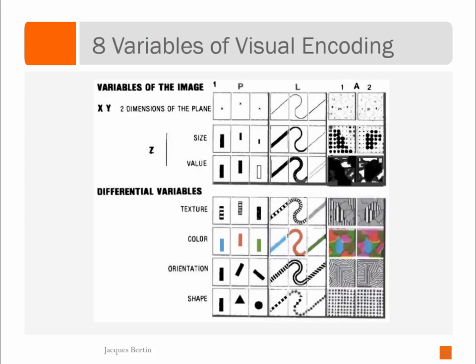Now let's take a look at the last variable, shape, for the type line. In the first cell, the shapes I might be utilizing are squares. I have a whole set of squares, and that's the type of encoding I'm doing, and those squares create a line. When I move to the center cell, you can see there's a whole bunch of different shapes. I might have some stars or crosses, squares or triangles, and I'm using those different shapes to represent a line.